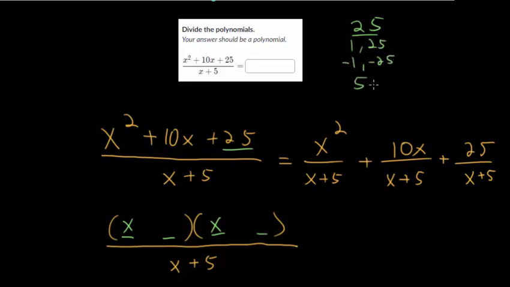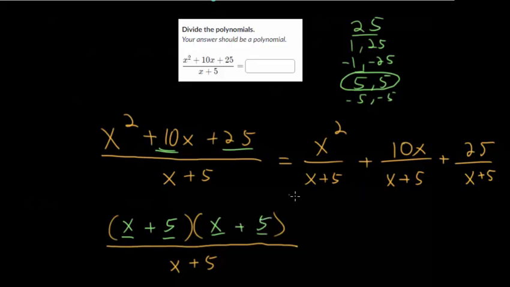It could also be 5 and 5, or minus 5 and minus 5. And to determine which of these pairs it would be, we also know that they're going to add together to give us the coefficient on x here, this 10. So which of these pairs adds to 10? That would be 5 and 5. So we can put plus 5 and plus 5 here.